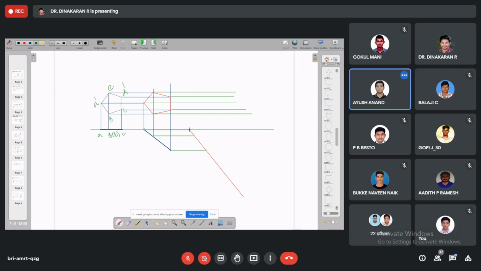Okay, sir. Then after that you connect wherever this A meeting point is. Here the B meeting point, and here the C and D meeting point. Okay, then after that you connect it. Okay, this you connect. I think it will come like this only.